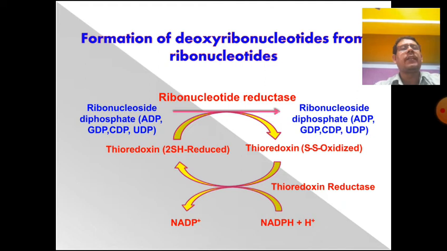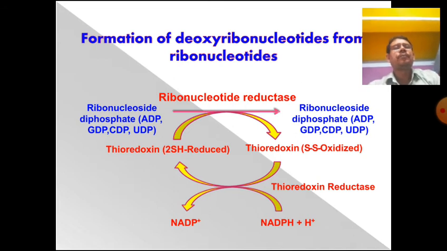Here ribonucleotide reductase converts them into deoxyribonucleosides, then deoxyribonucleoside triphosphate.